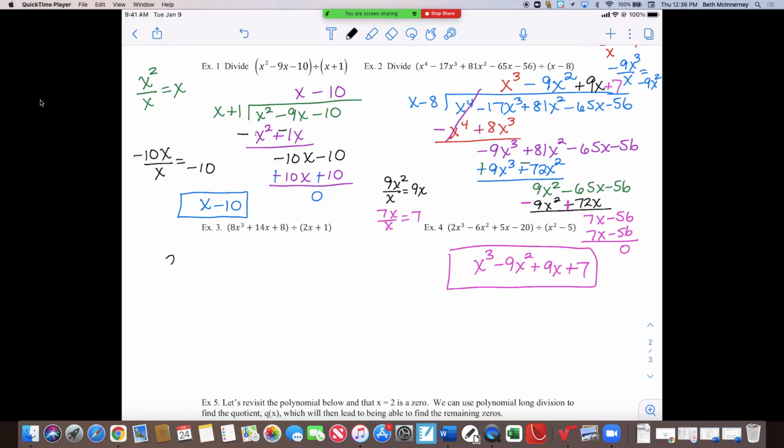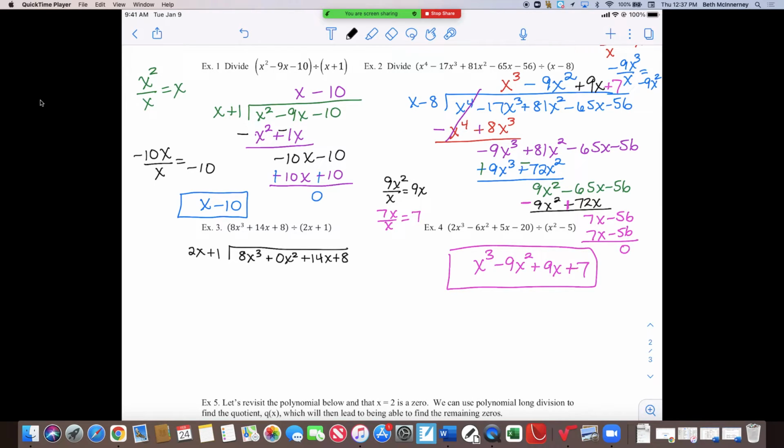All right, let's try example 3. Let's try and make this a little bit more interesting. So here we go. 2x plus 1 into, what do you notice? What's different about this one than the other ones, Davey? You understand there's no x squared, right? There's no x squared. So I did this one intentionally because sometimes this happens.